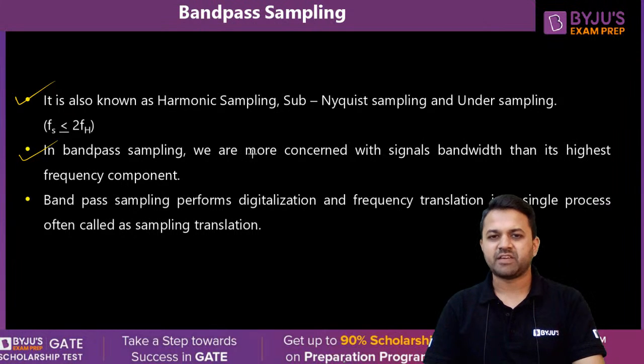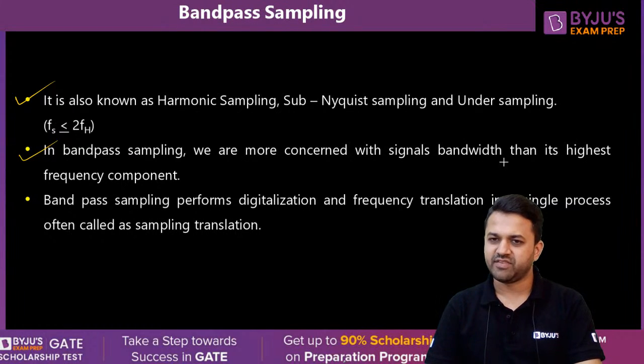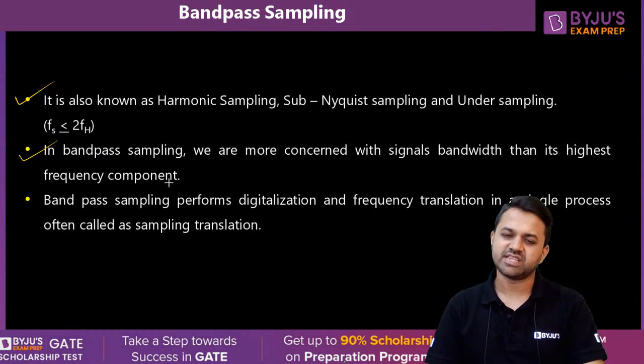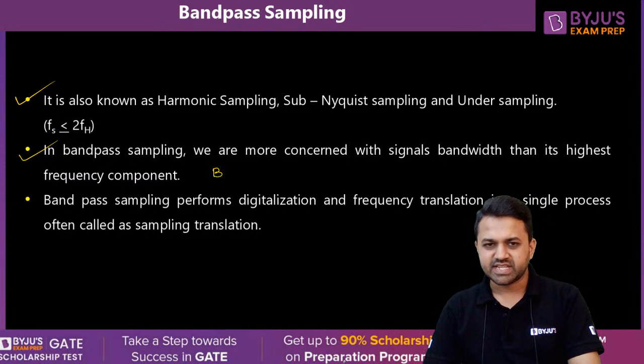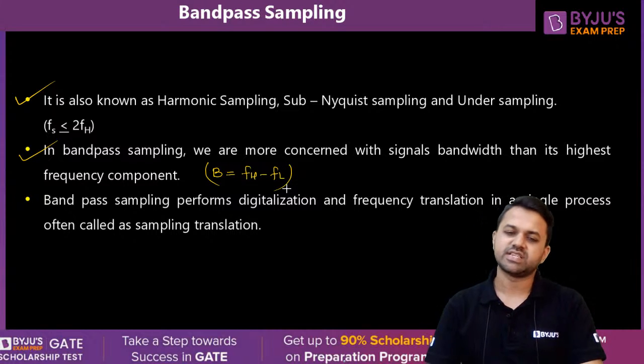In bandpass sampling, we are more concerned with the signal bandwidth rather than its highest frequency component. What is the bandwidth of the signal? It is fh minus fl. This is the bandwidth in which we are more interested, rather than the highest frequency itself.